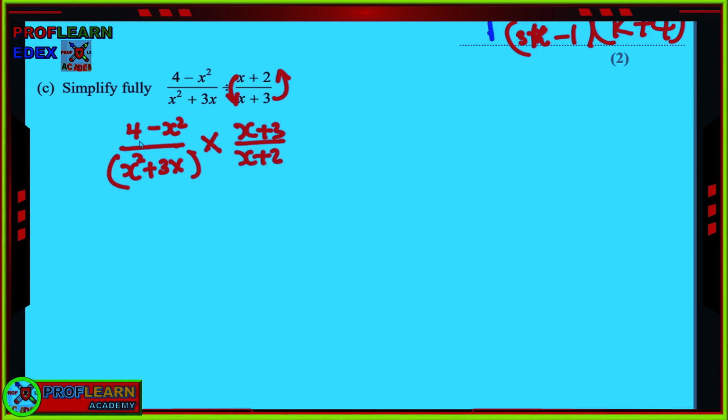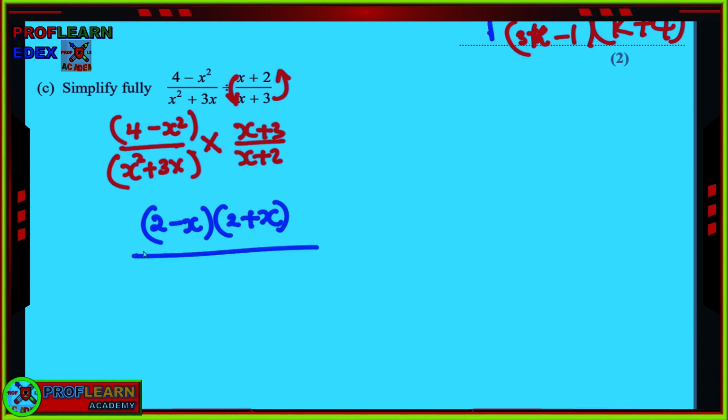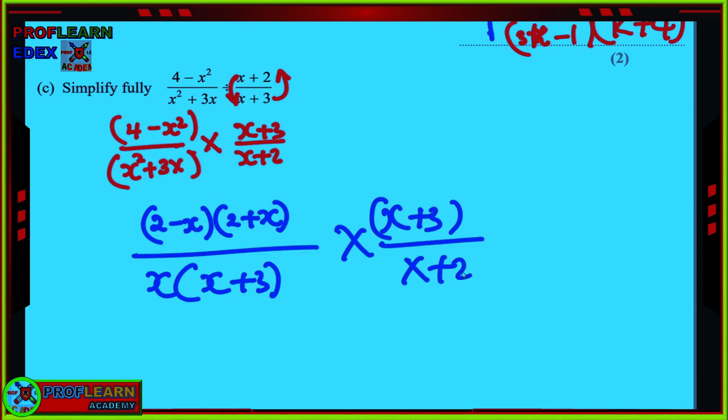But I need to factorize this so that I can see what else we can cancel out. Expressing this as a difference of two squares, it will be 2 minus x, 2 plus x. This can be expressed as a square, and this is already a square, so this is a difference of two squares. And here we can factor x out. We remain with x plus 3, then times x plus 3 over x plus 2.